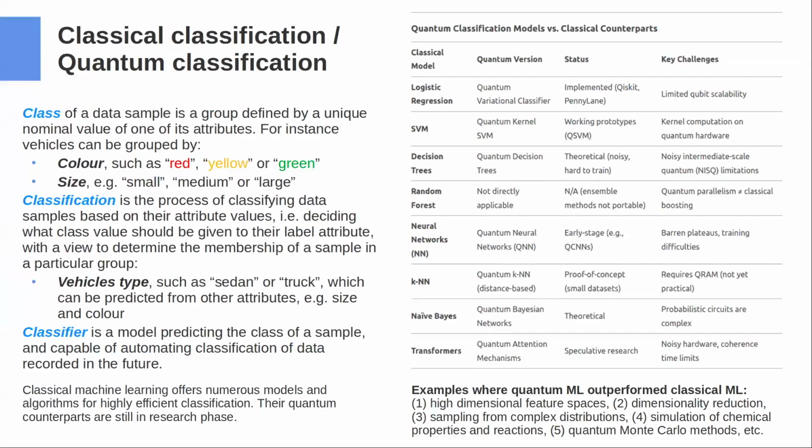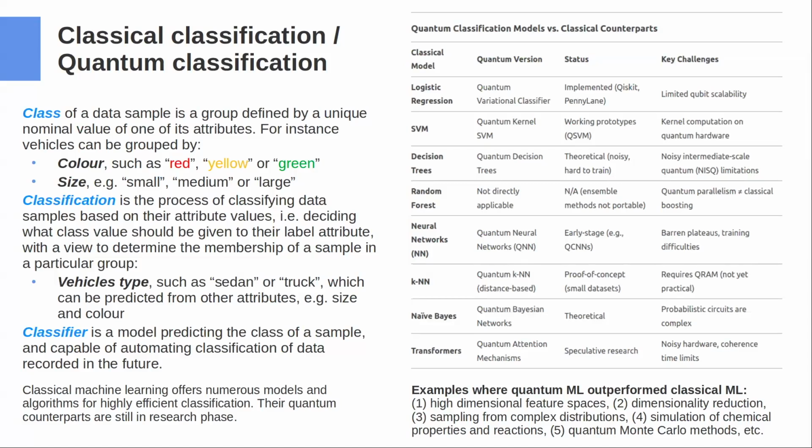When we talk about any type of model, it's usually a good idea to start with how we prepare the data. But first, let me clarify what this classification is about. What's a class? A class is a group of data samples defined by a unique nominal, categorical value.